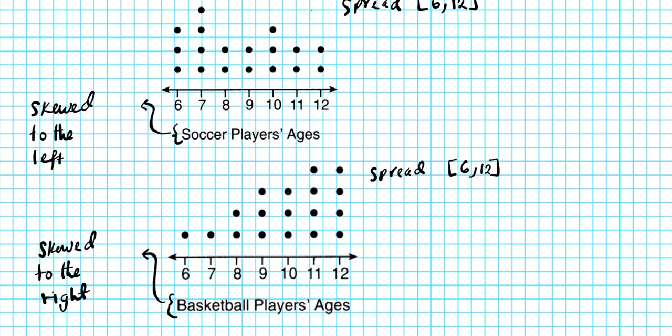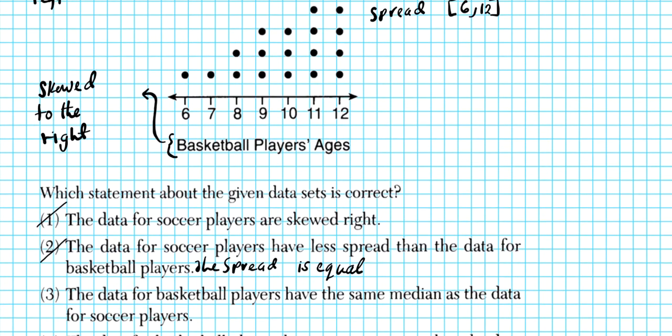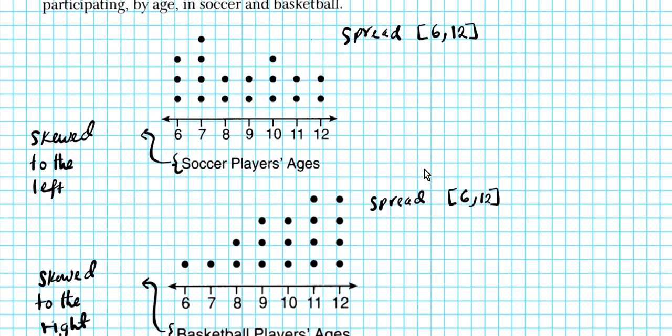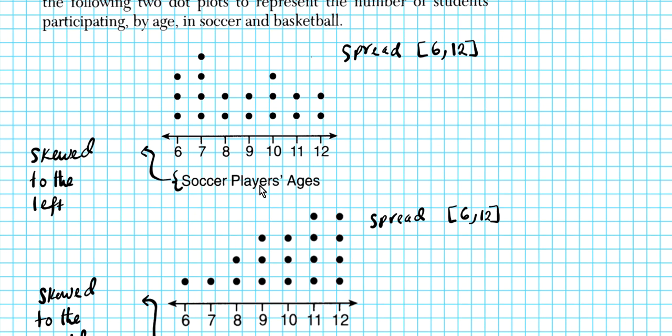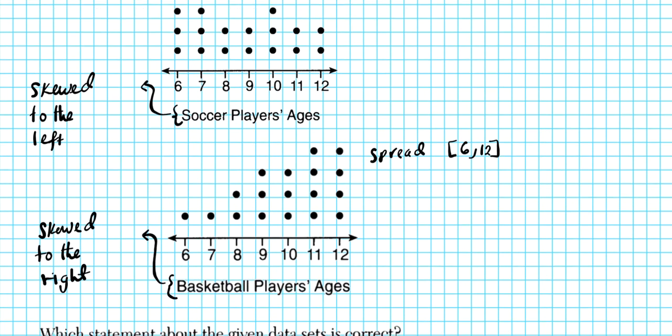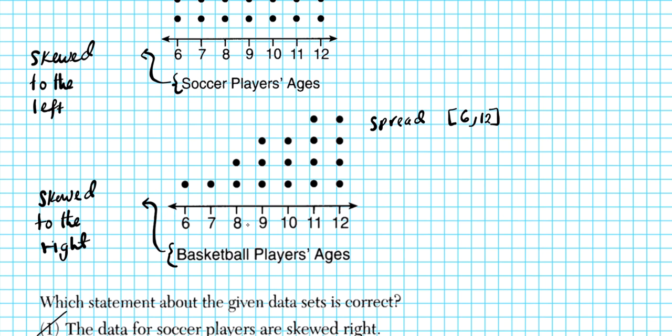How do we know? We know that because the median goes in the direction of the skew. If you look at the soccer players' data plot, because it's skewed to the left, the median is going to be towards the left. And for the basketball players, since the data set is skewed to the right, the median will be closer to the right.